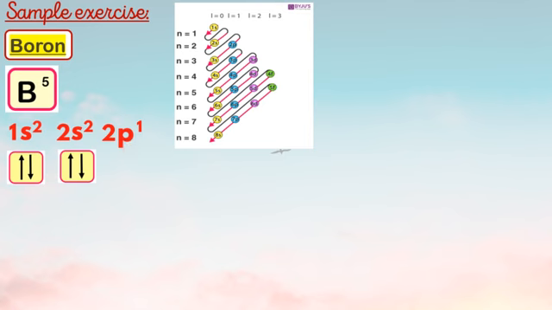We have 1, 2, 3 orbitals. The exponent is only 1, meaning only 1 electron, so draw an arrow up to represent the electron. There is no arrow down, because it is only one electron, to make it 5 electrons in boron.